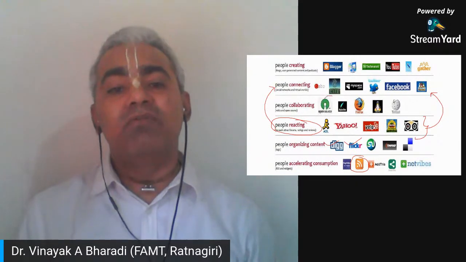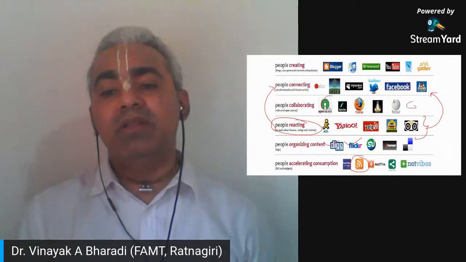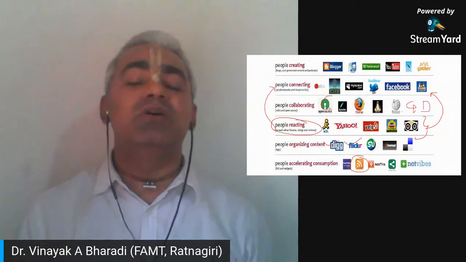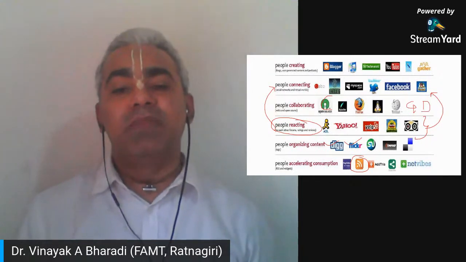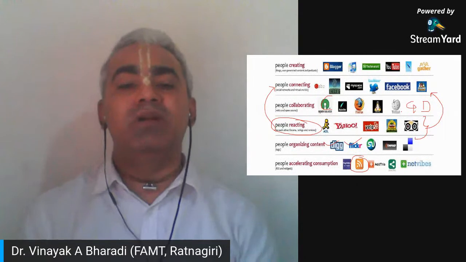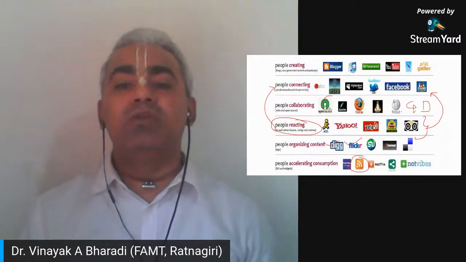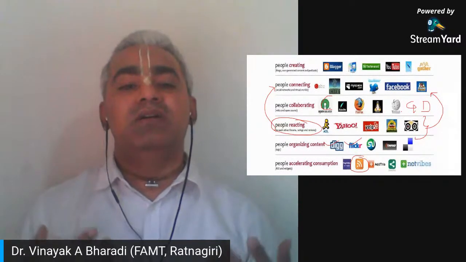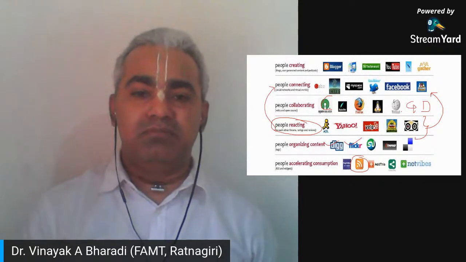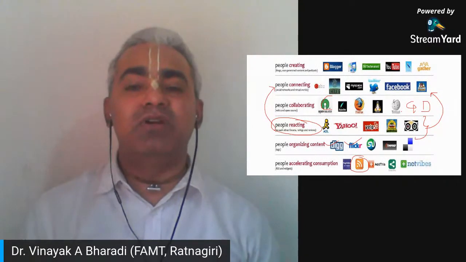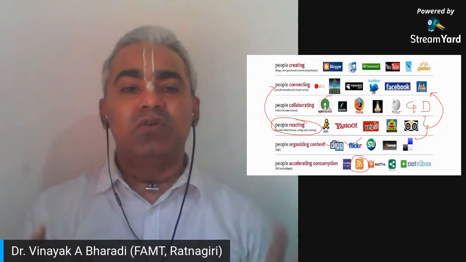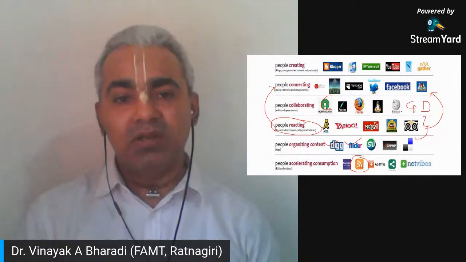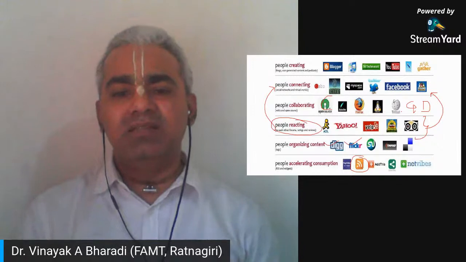People are also collaborating. One very good example for collaboration is Google Docs, where you can collaboratively create a document and work on it. People connect to each other on Facebook and Twitter. There is also Tinder for online dating. So those are social apps, and this is not limited.